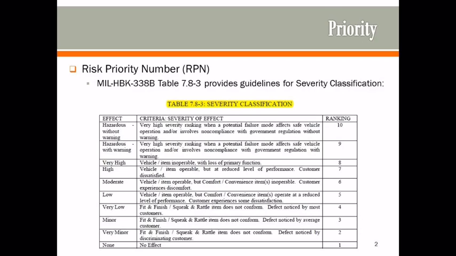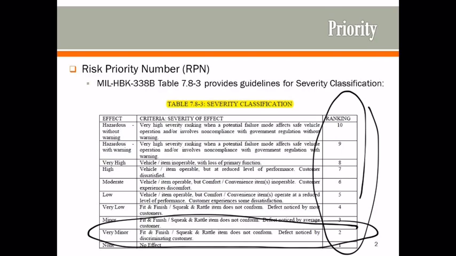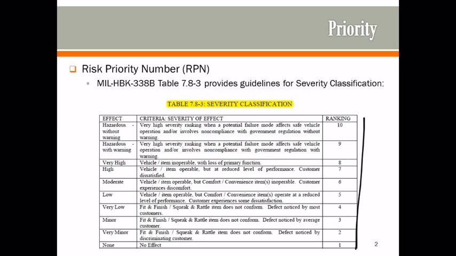If so, we identify the severity number. The severity number is on the right side of the table. We identify the severity number and we plug it into the RPN calculation. 1 and 2 down here at the bottom are minor severity. 9 and 10 are the high severity. So 10 is hazardous without warning. So the severity classification has a ranking of 1 to 10, 1 being low severity, 10 being high severity.